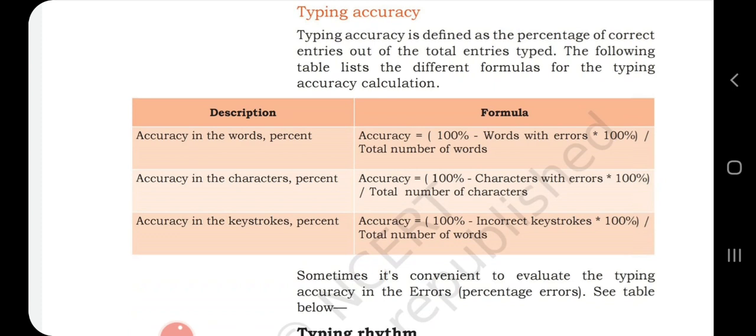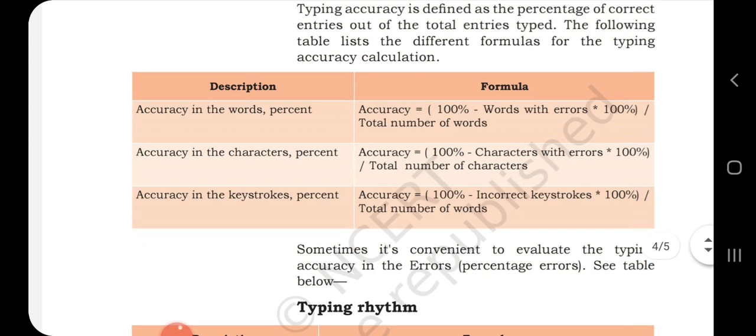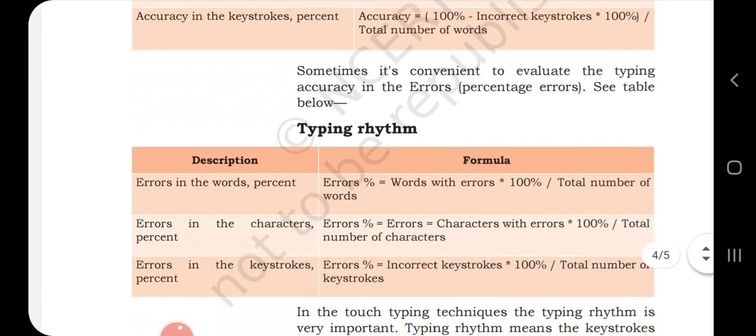Second one is accuracy in characters percent. Accuracy is equal to 100% minus characters with errors multiplied by 100 divided by total number of characters. Next is accuracy in keystrokes percent. Accuracy is equal to 100% minus incorrect keystrokes multiplied by 100% divided by total number of keystrokes.